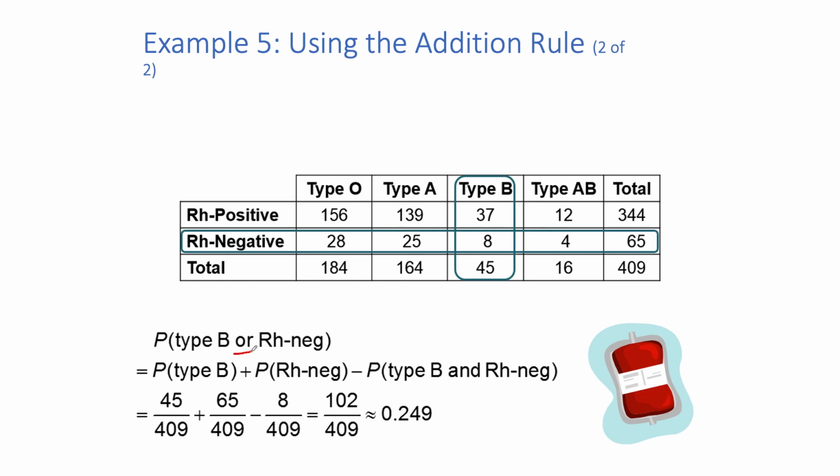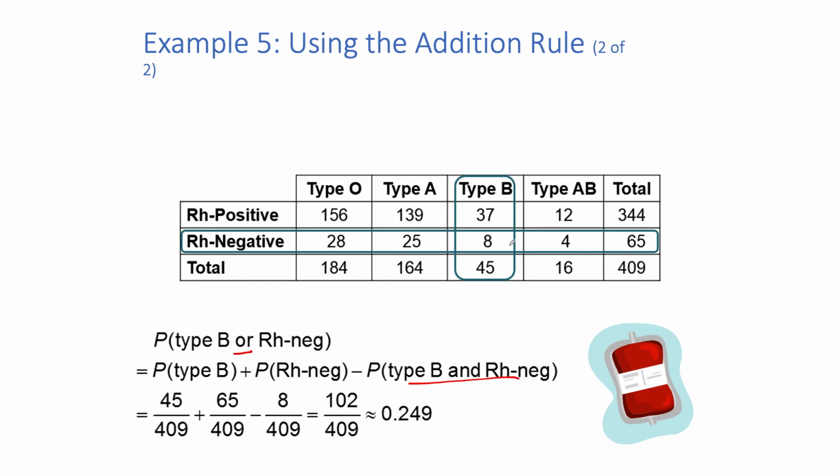Again, remember we're using the addition rule every time we see an OR. So we are asking the question, what is the probability of type B or Rh negative? It's the probability of type B plus the probability that you're Rh negative minus the probability that you're both type B and Rh negative.